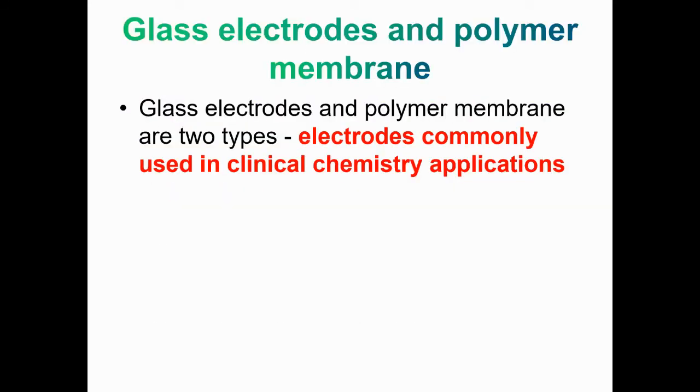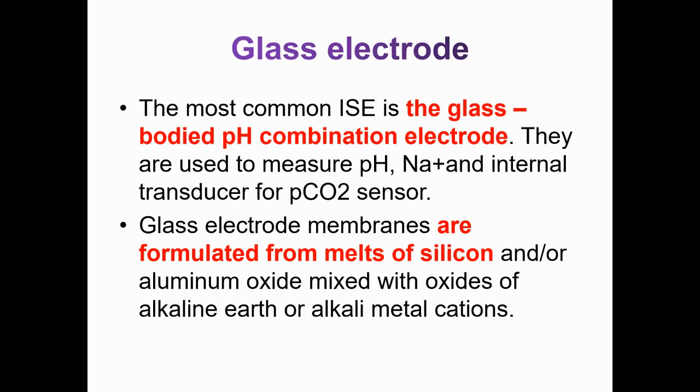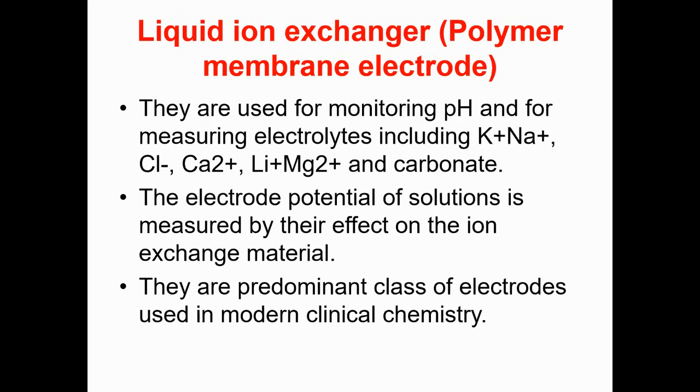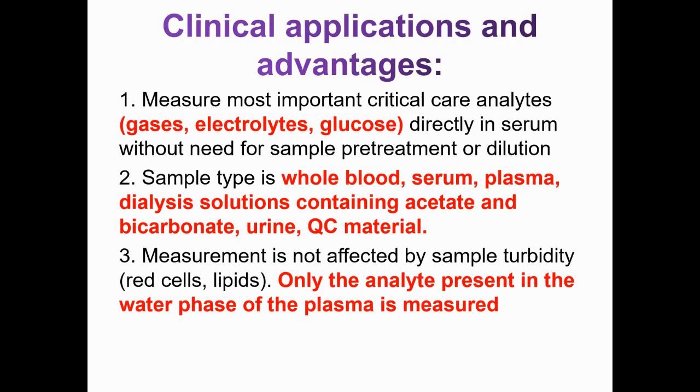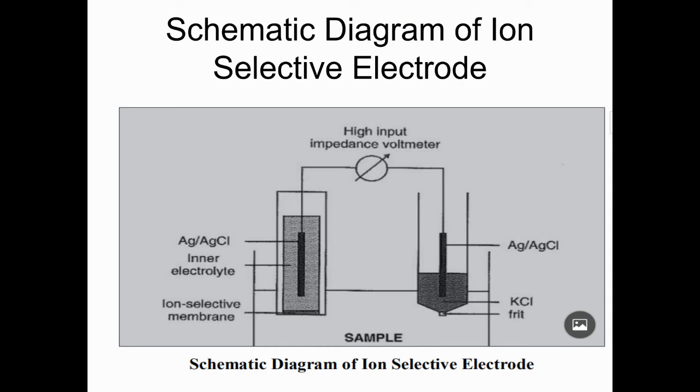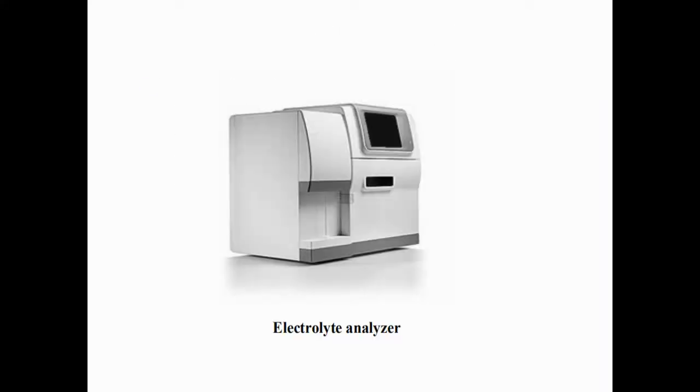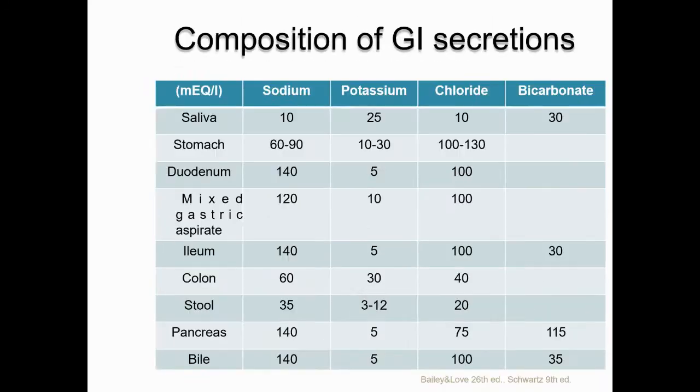We saw what components are present and the use of the electrode, and the types of electrode, because the electrode plays a vital role in this mechanism. The electrode is classified into two: glass electrode and liquid ion exchanger electrode. We also saw the clinical applications and advantages of this machine, a schematic diagram, and then the electrolyte imbalances.